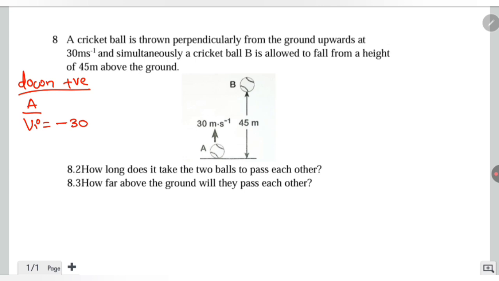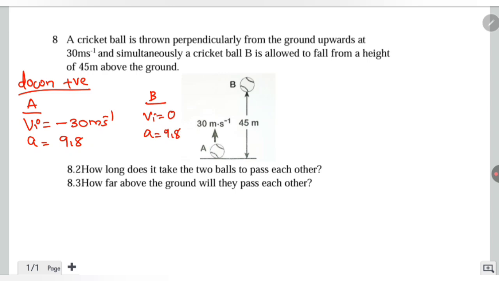A is moving up, so it's minus 30 meters per second, and acceleration is 9.8 meters per second squared. Then for B, we also have initial velocity, which is 0, and a is equal to 9.8. These are the only things we have.